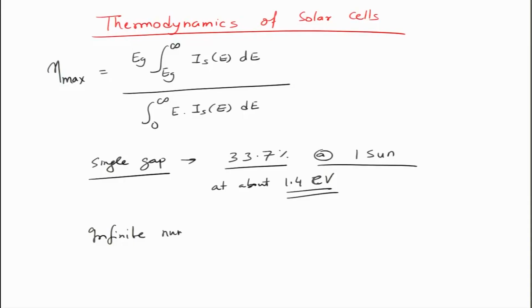But if you have the luxury of having an infinite number of gaps in a device, then you can increase this efficiency to about 86.8%, okay. So, there is a possibility of having higher efficiency. This is the concept behind multi-junction solar cells.